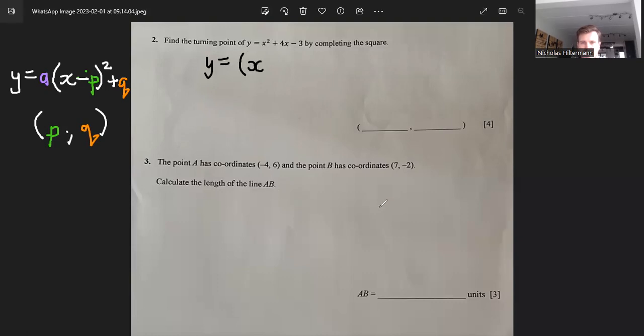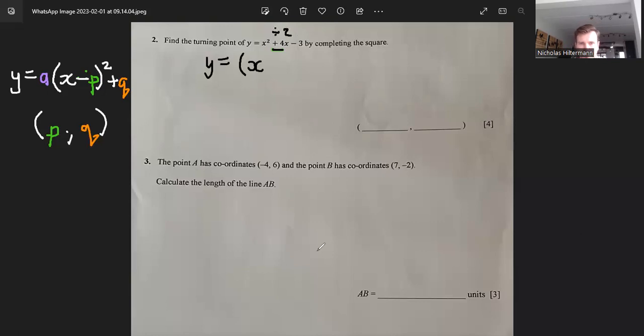Then the second step is we take the number in front of the x and we divide by 2. So we divide this 4 by 2. So 4 divided by 2 is 2. So this one here, we divide by 2.